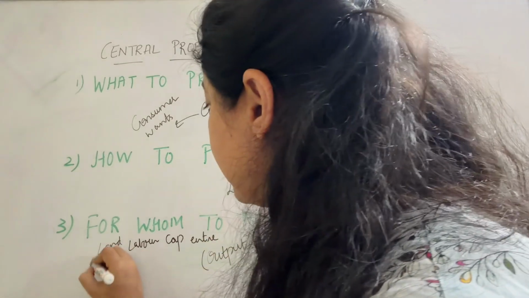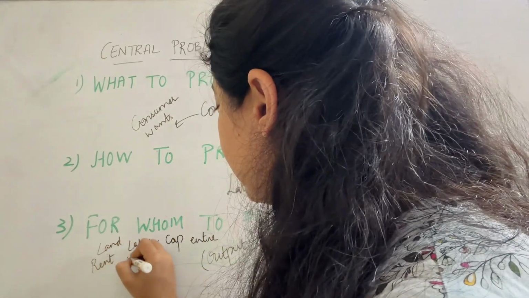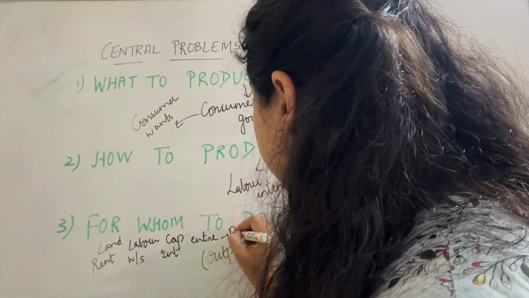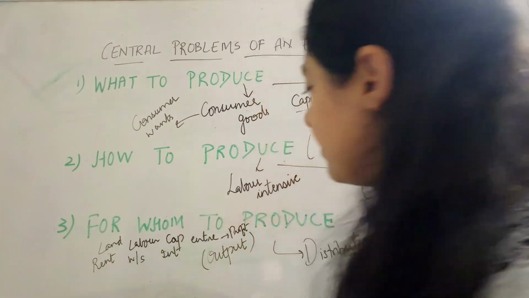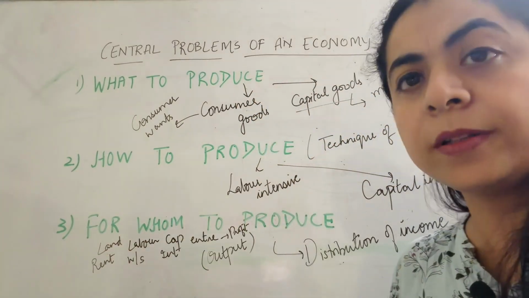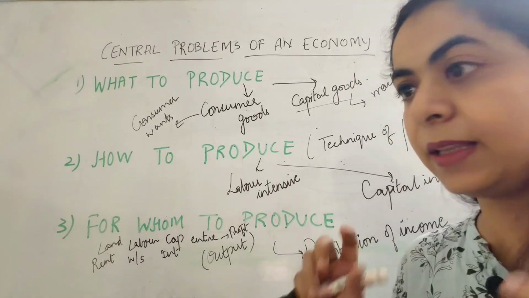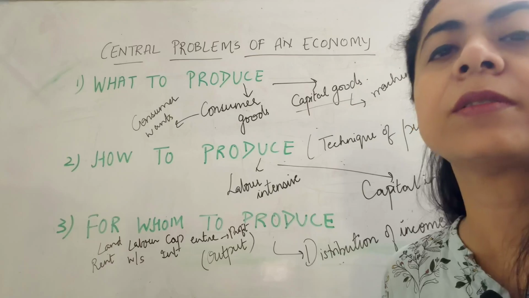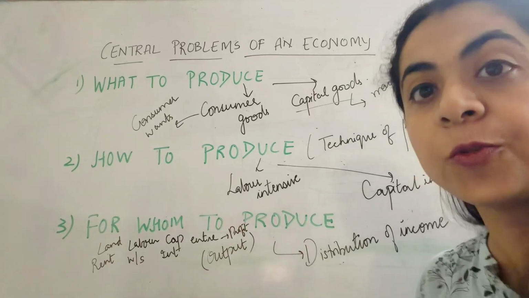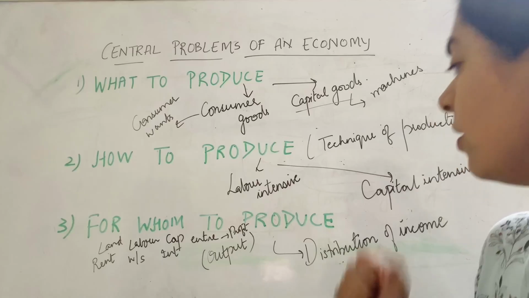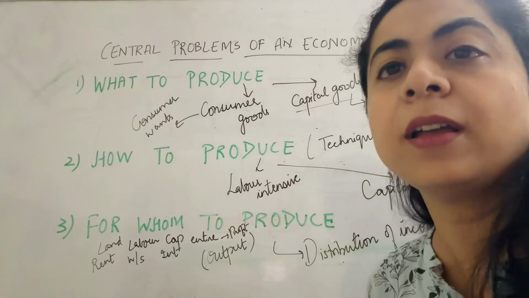Like land will be getting rent, labor will be getting wages or salary, capital will be getting interest, entrepreneur will be getting profit. So based on the reward for their factor services, they can decide what goods and services they will buy or they can afford to buy. So the problem of for whom to produce is also related to distribution of income in the economy.